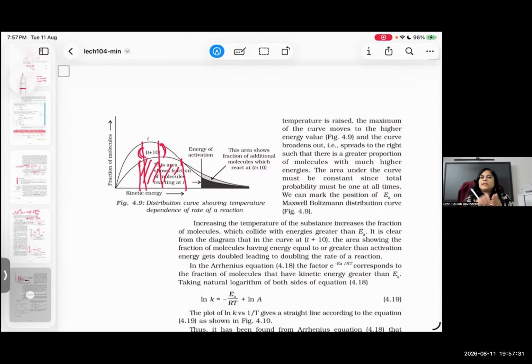They are talking about the kinetic energy increasing, meaning the distribution of molecules also increases in terms of this fraction of molecules: the number of molecules which attain the energy divided by the total number of molecules. So now the number of molecules with the energy is increasing when compared to the total number of molecules. That's what happens for every 10-degree rise of temperature.